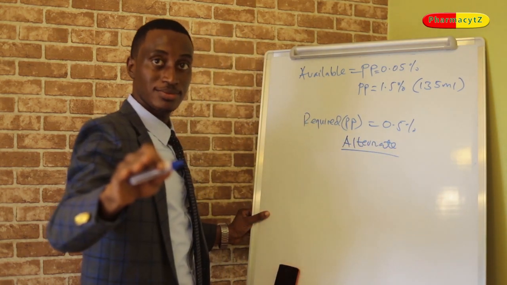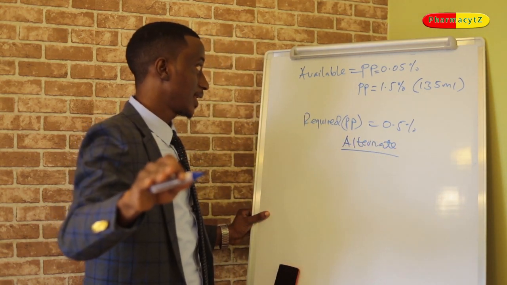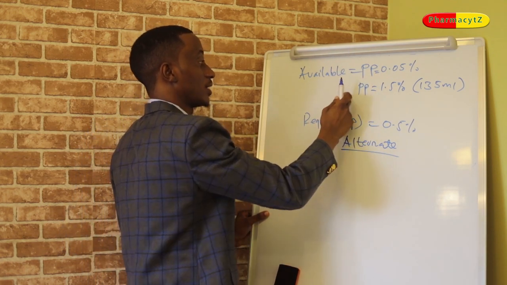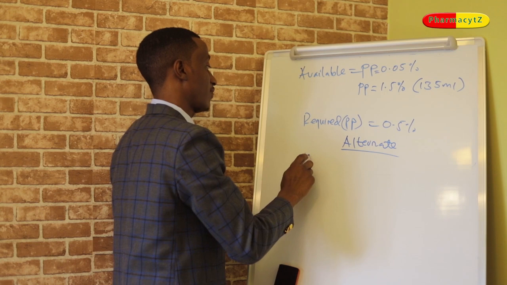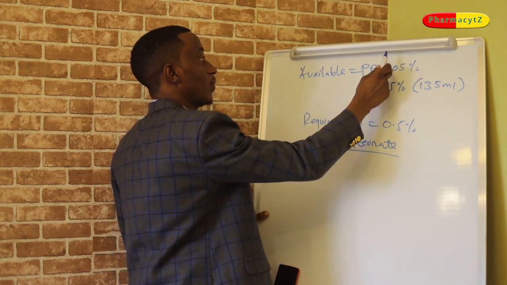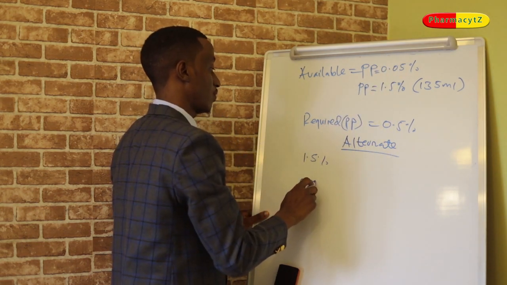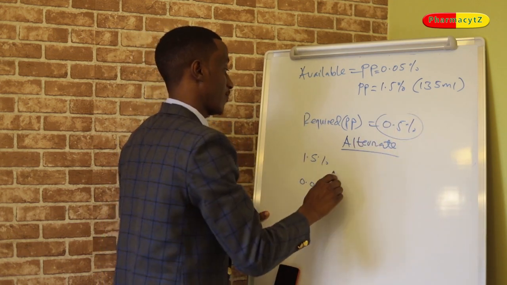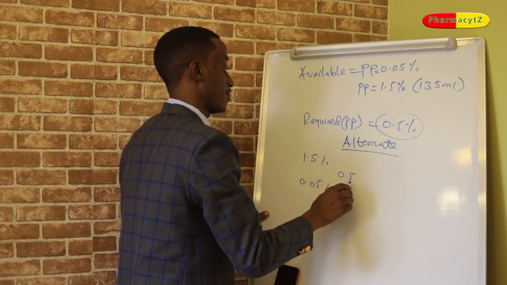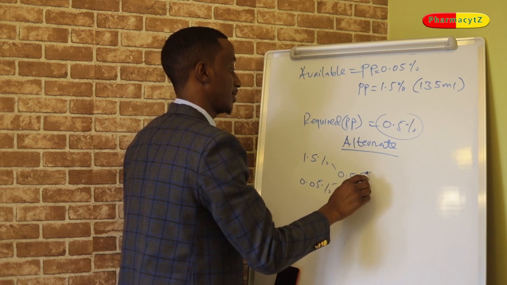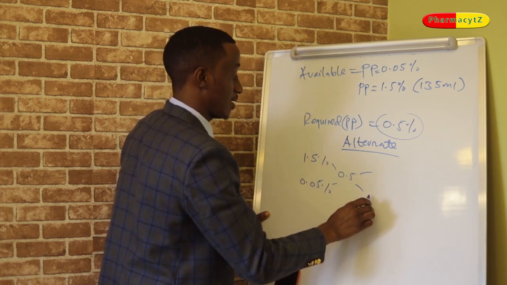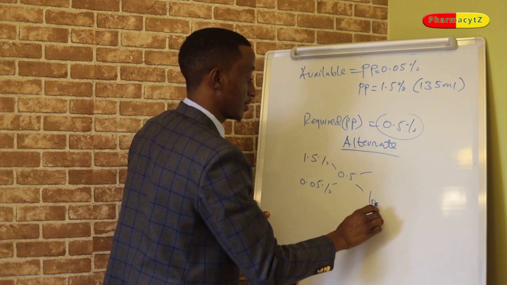The general rule of thumb states you need to have the higher concentration from the available stock. The higher is 1.5%. Then the lowest is 0.05%. Then what we need is 0.5% potassium permanganate. Then just alternate. 1.5 minus 0.5, this is 1 part.